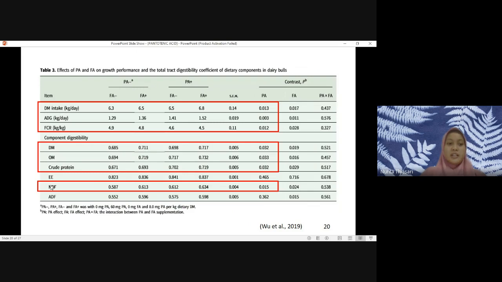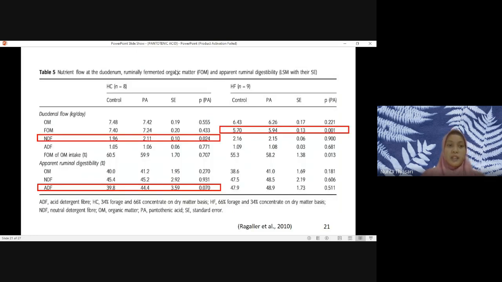And also the digestibility of the neutral detergent fiber is getting higher when we compare without and with the addition of the pantothenic acid. And this is the last table, about the comparison between the high concentrate and high fiber with the addition of the pantothenic acid.